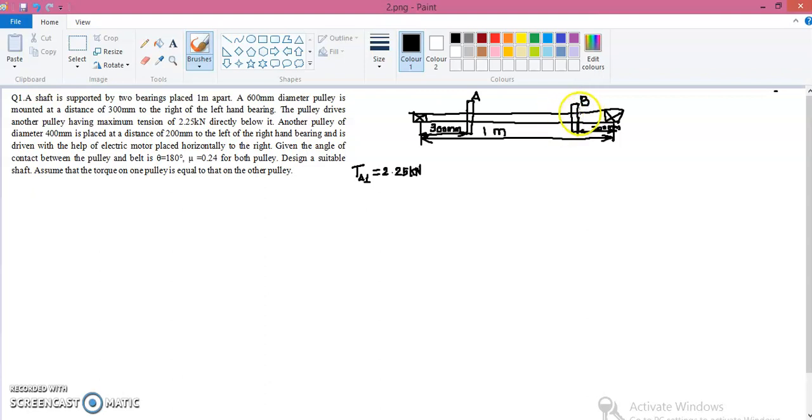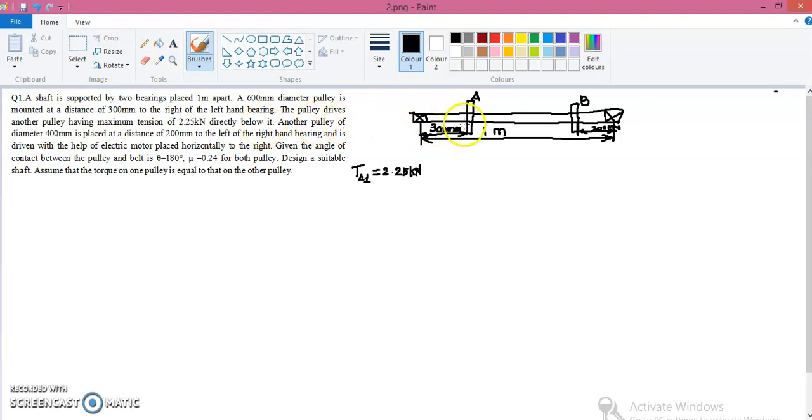And the tension acting on the pulley is not given. But it is given that it is driven with the help of an electric motor placed horizontally to the right. So here the power transmission is taking place in the horizontal direction, but in this first pulley the power transmission is in the downward direction because it is given that the pulley drives another pulley having a maximum tension 2.25 kilonewton directly below it.